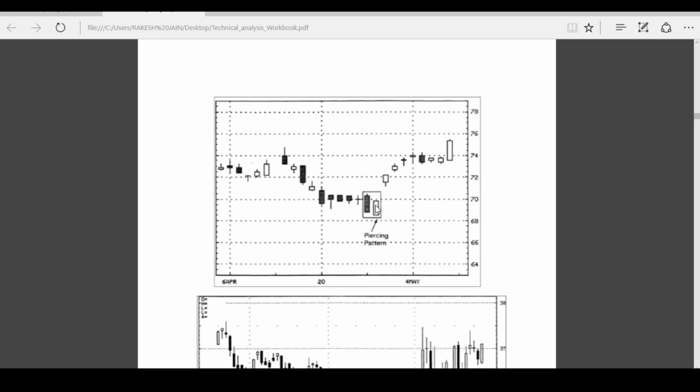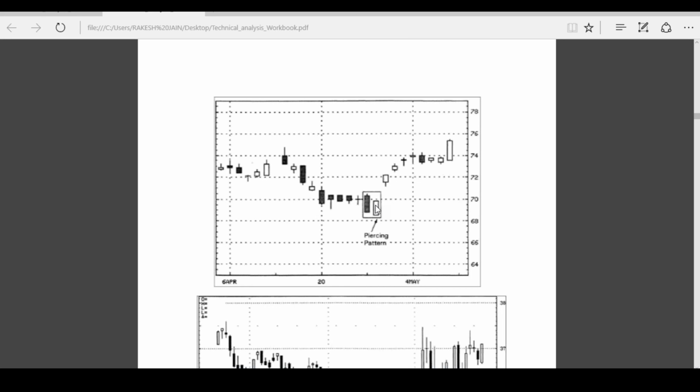Now let's move on and understand how this engulfing pattern is the same when it's a piercing pattern. When it happens after an uptrend, the name changes. The pattern remains the same. Here it's a black and a white. In an uptrend, it will be a white and then a black. So a change in trend means whatever was happening previously, you are changing from that. Here it was a downfall, a black and then a white.